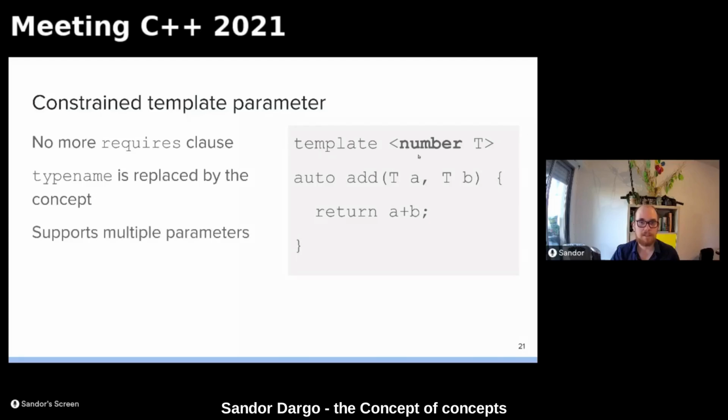And you can still have the multiple parameters, but what you cannot have is the combination of concepts. You cannot write here that, well, I accept any T that is either an integral or a floating point. It is not possible. You must use here a named concept.